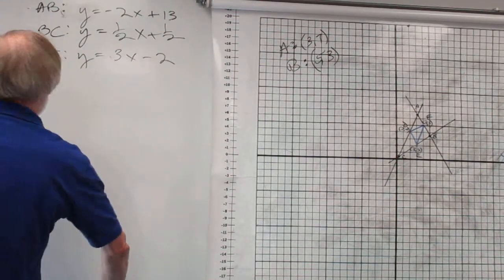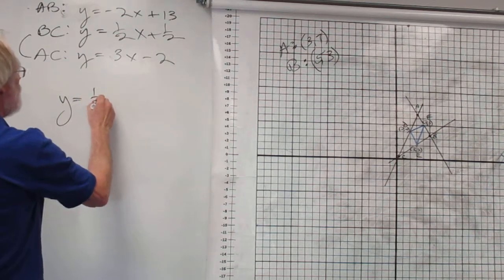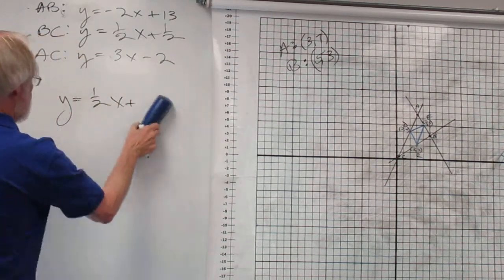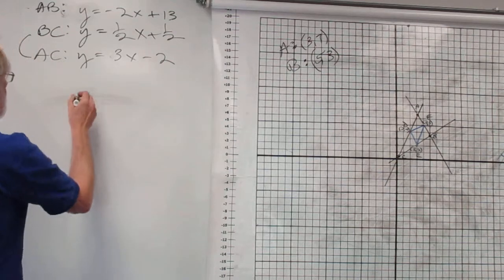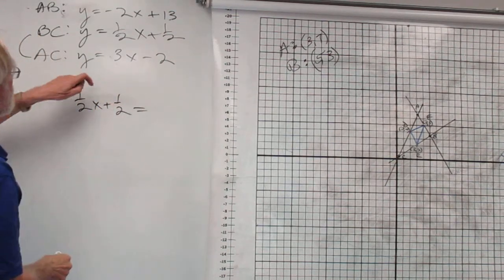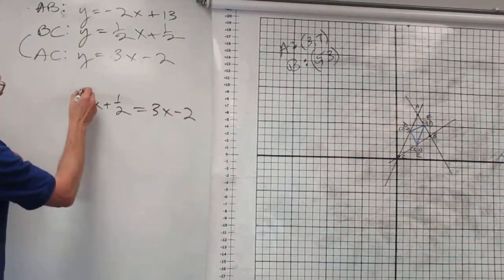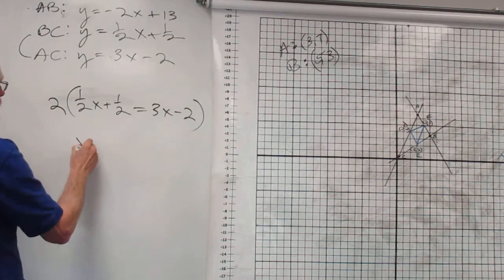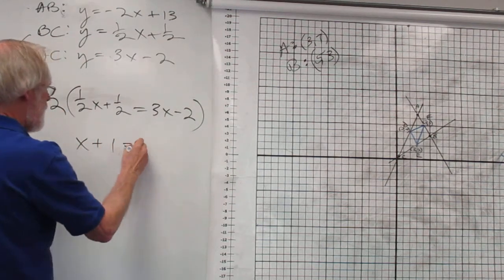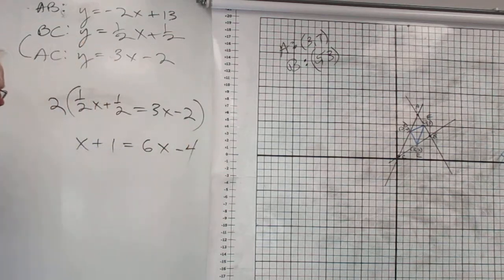And now we have just left to find point C. In order to do that, we will use BC and AC. So y equals 1/2 x plus 1/2 is equal to 3x minus 2. And now I'm going to multiply by 2, so I get x plus 1 equals 6x minus 4.